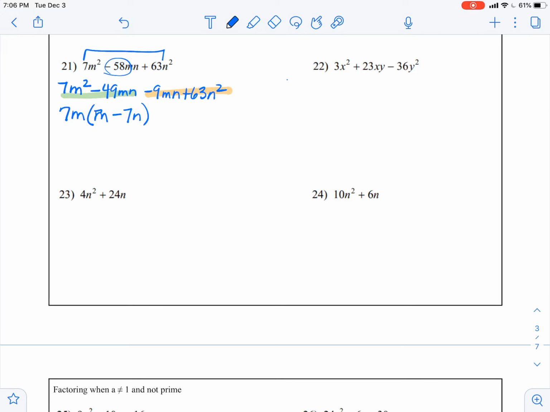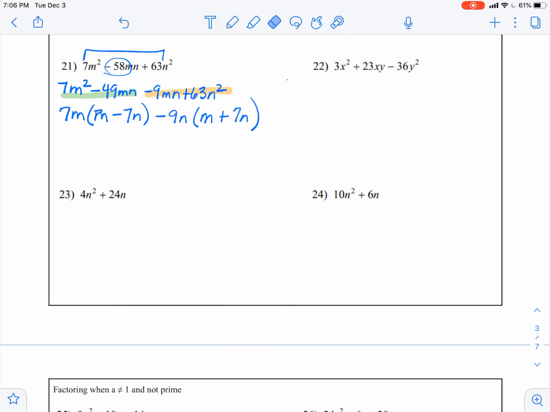Next one. Negative 9 and 63, so I'm going to take out the negative 9. Remember, if the front number is negative, I take the negative with it. This time I have an n and an n squared, so I can take out an n. That's going to leave me with m, because this multiplies and gives me the 9mn, and 7 and an n.